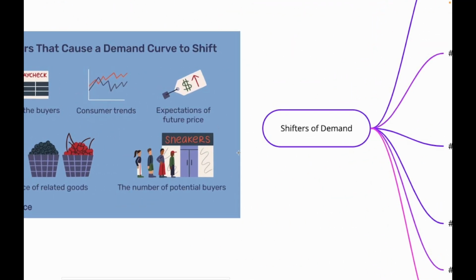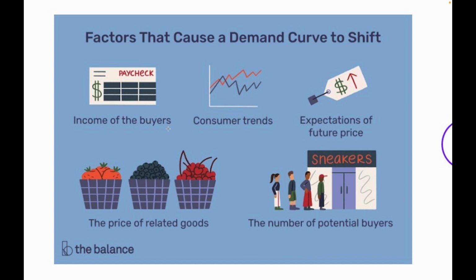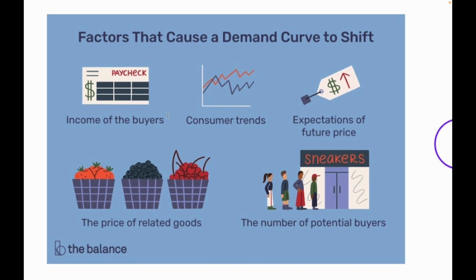Let's look at a graphic right here to review all of the factors that we talked about. Income of the buyers is the first thing that we covered. We have two types of goods, normal and inferior goods, and they are impacted differently by income. Consumer trends is what we talked about as tastes and preferences.